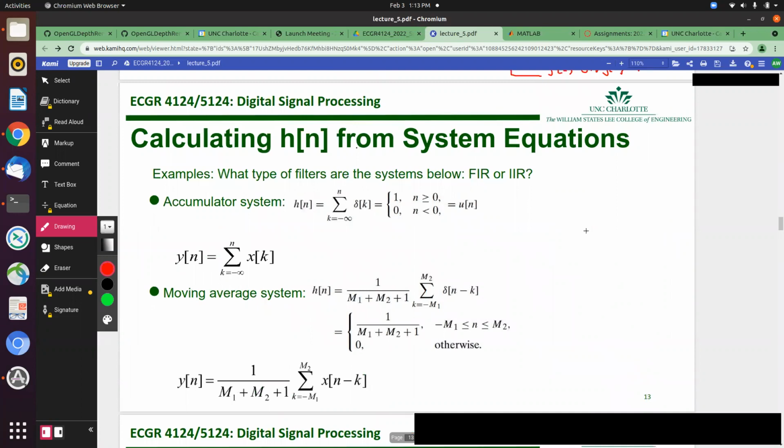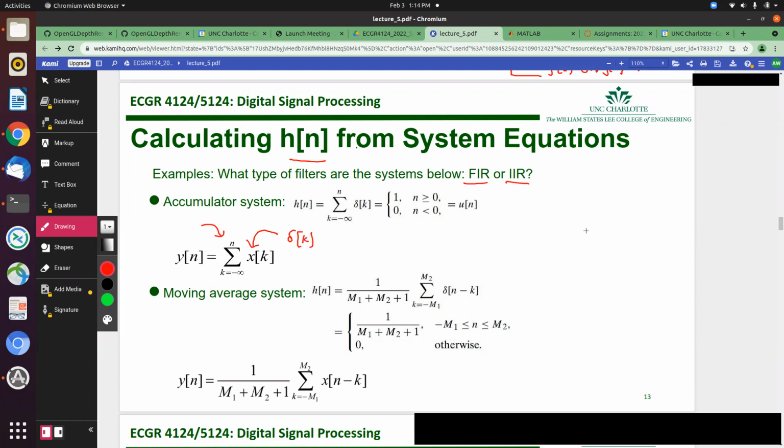Calculation of H of n from system equations. So I ask the question, what types of filters are the systems below? Are they FIR systems or IIR systems? In this case, we have Y of n is a sum from minus infinity to n of x of k. Is that IIR or FIR? Let's see. In the process of this, we let x of k equal delta of k, right?